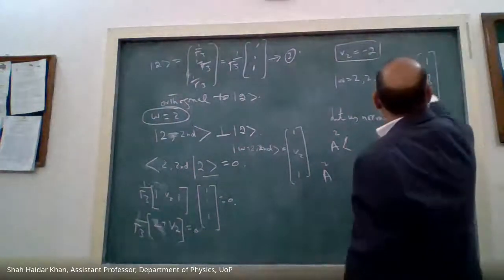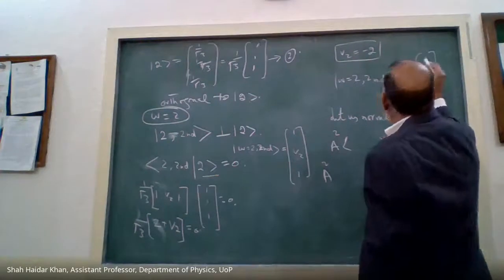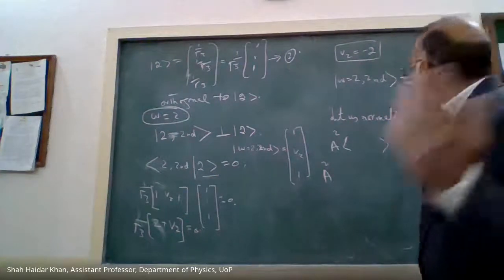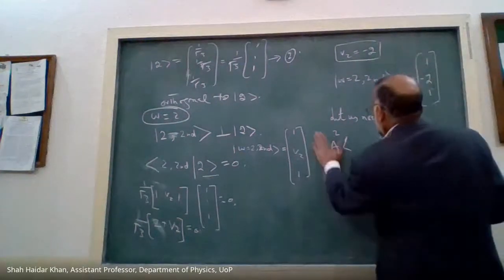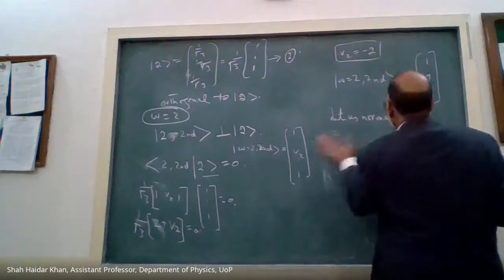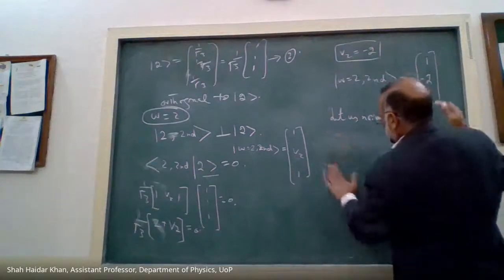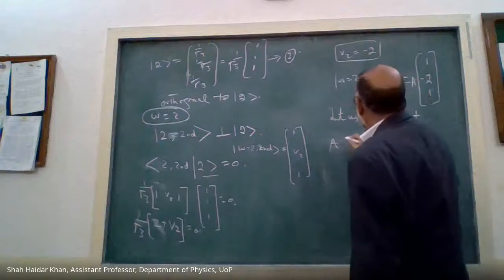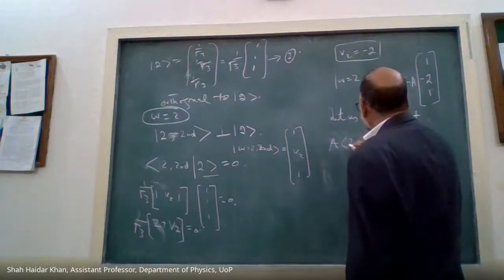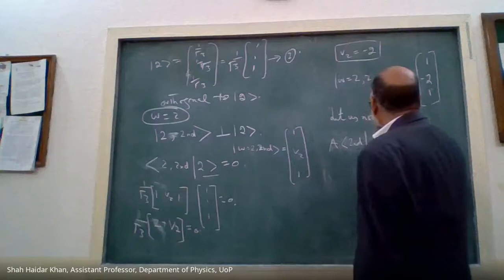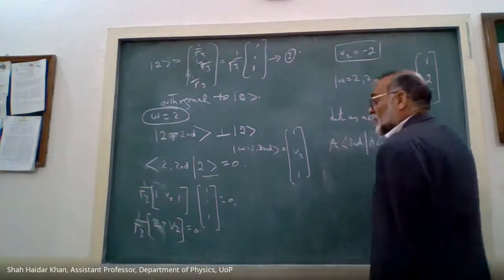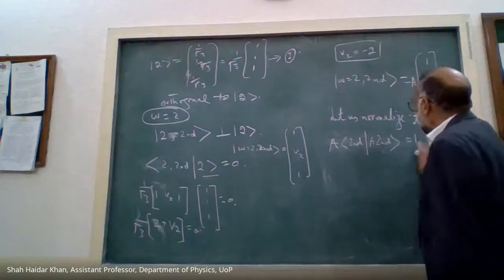Suppose gamma A, because I don't know what is the magnitude of this vector. So that's here. Now let's go. Double bra, double ket, second, or double bra, double ket, second, right? And that will be equal to 1.